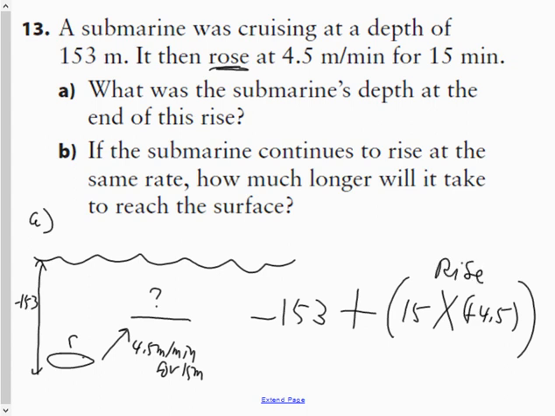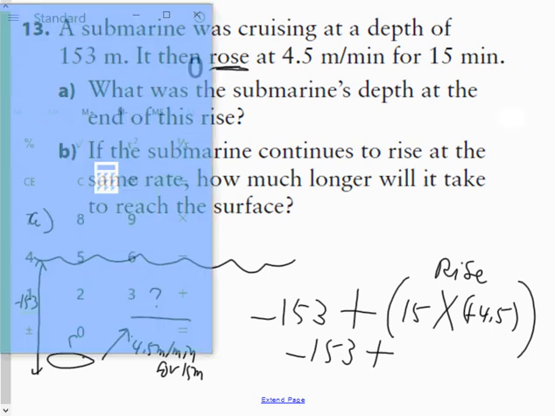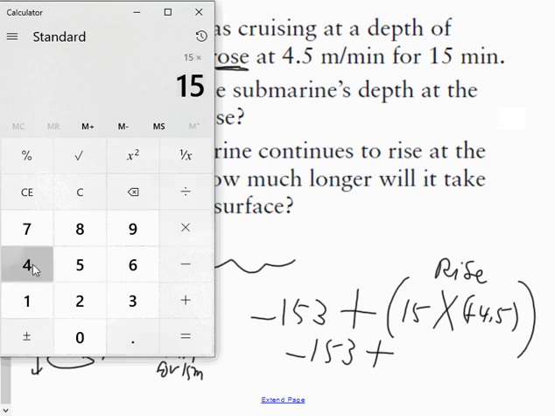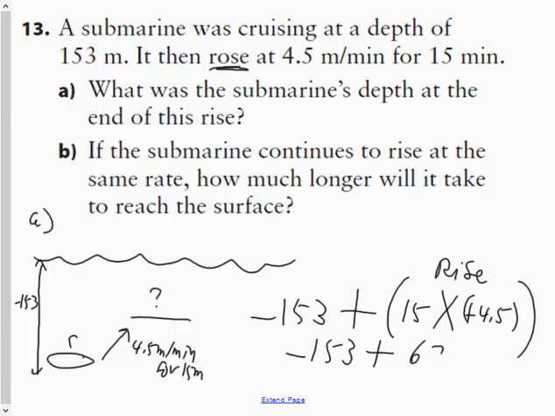We know that this is going to be a positive value because we're multiplying 15 positive increments or 15 minutes of going up 4.5 meters. So we take that negative 153 where it started and we add to it the product of 15 and 4.5. 15 multiplied by 4.5 is an increase in height of 67.5 meters.